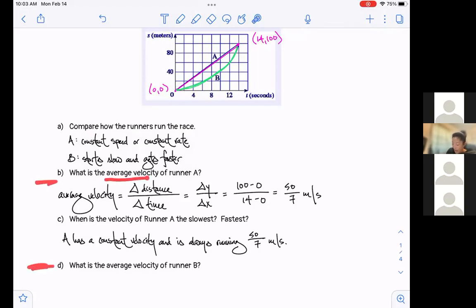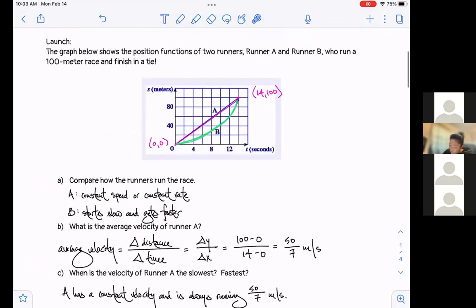They both say, what is the average velocity of the runner? And so the average velocity is always from when we start all the way to when we stop. If we find the y2 minus y1 over x2 minus x1, that's going to give us the average velocity, okay?